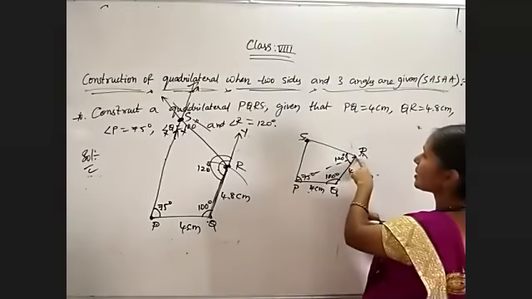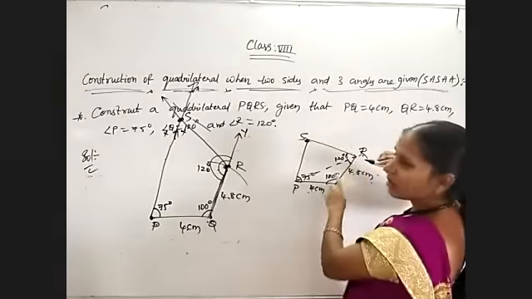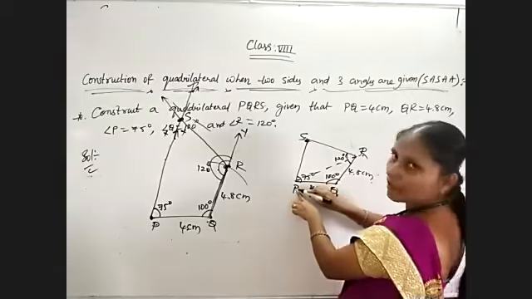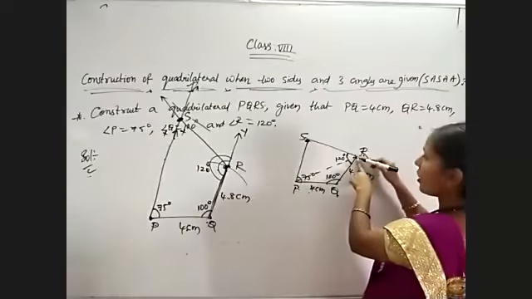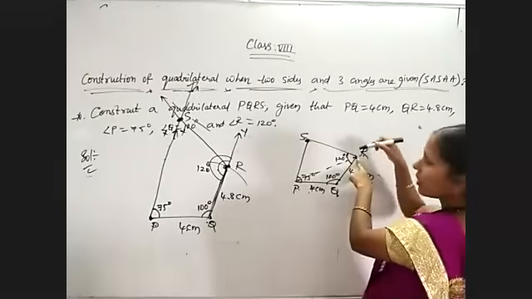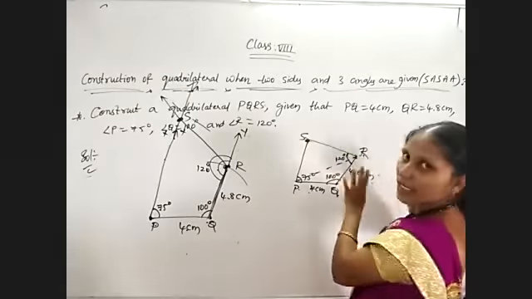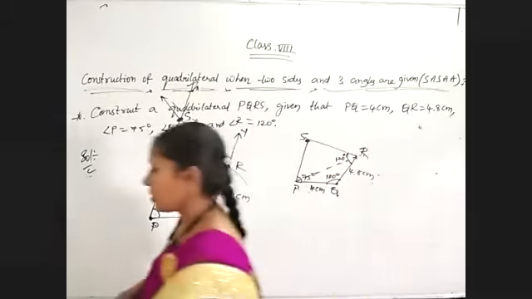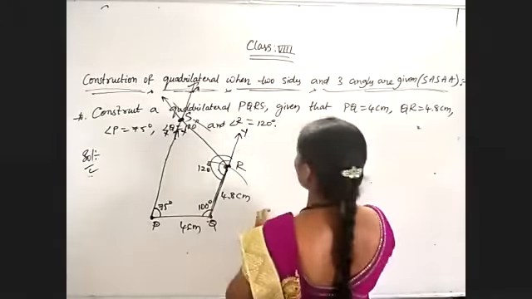After that, place the protractor at R to find S. Construct angle P and then angle R. Already we got R, so construct the angle R. Wherever their two rays are meeting, that will be the required fourth vertex. So for this, I am writing the construction steps.